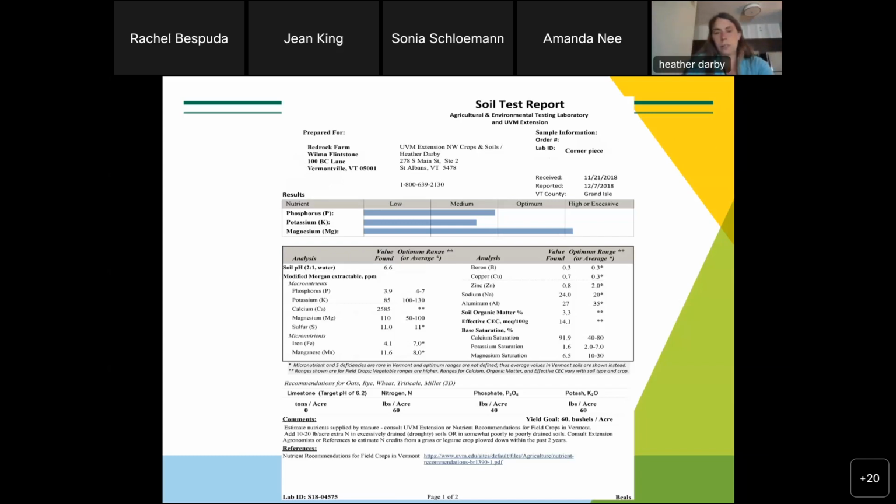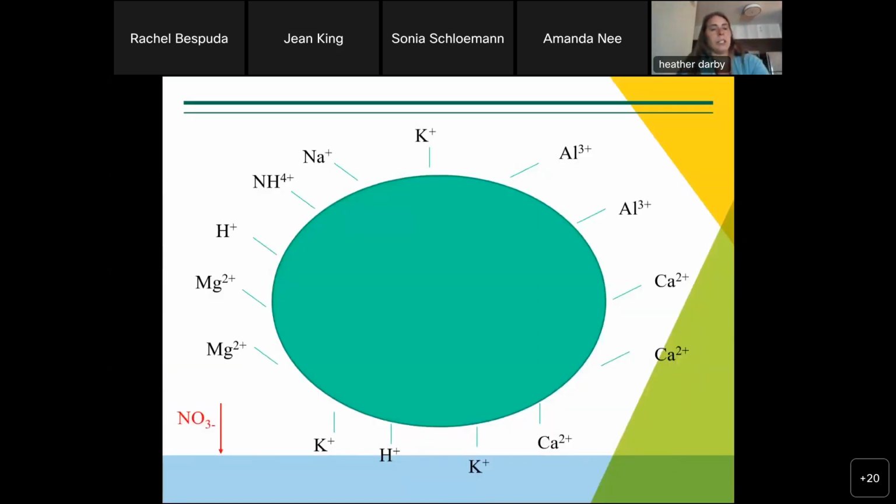And I'm almost out of time. So the negative charge on the soil holds on to cations. And the cations in your soil, just go to my picture here, are positively charged nutrients. Okay. And the cations also include bases and acids.